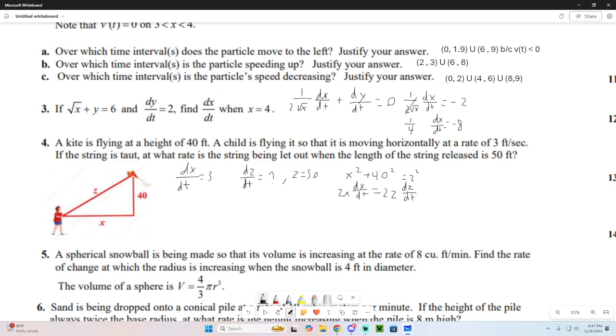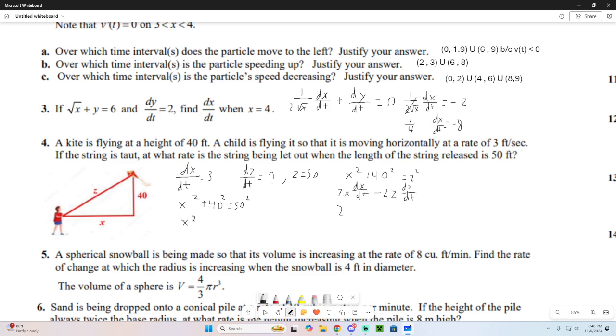Alright, so now let's plug in what we know. We know that dx over dt is equal to 3. We don't know where x is, so let's solve for x really quickly. We need to find x when z is 50, so we have x squared plus 40 squared equals 50 squared. And if you know your 3, 4, 5 triangles, then you should know that this is 30. But if you don't, we can work it out.